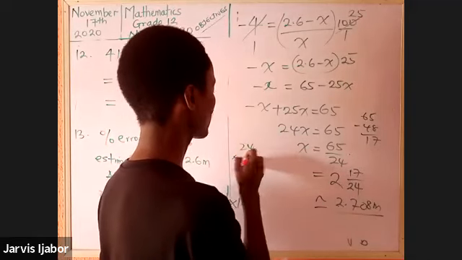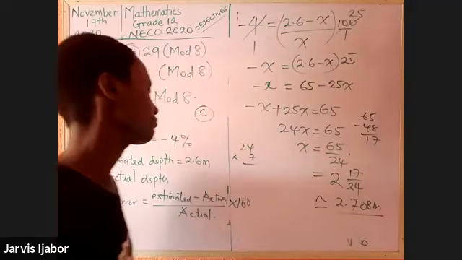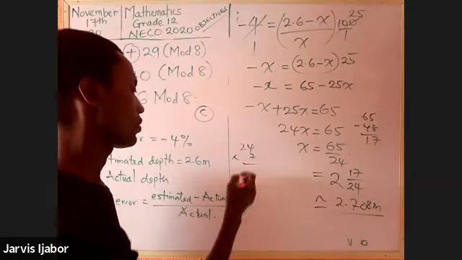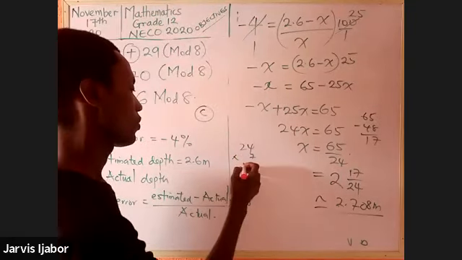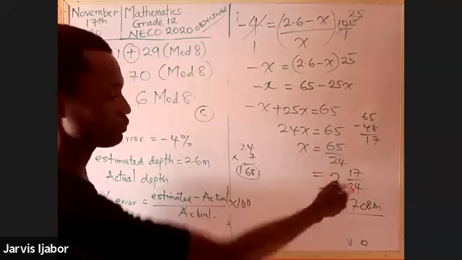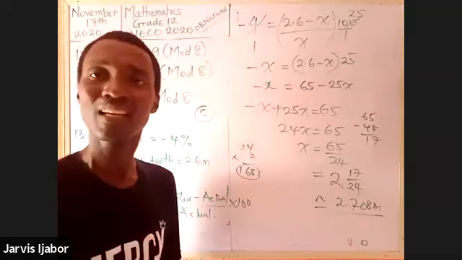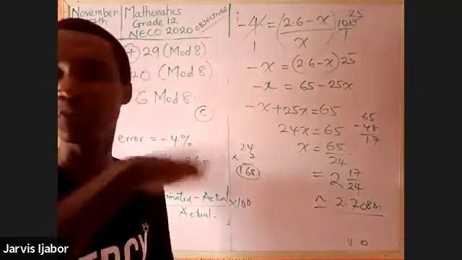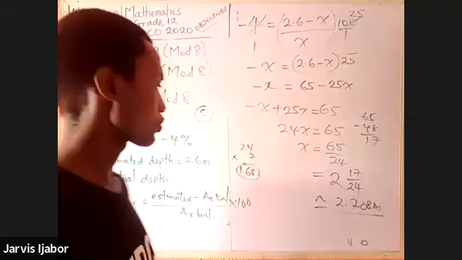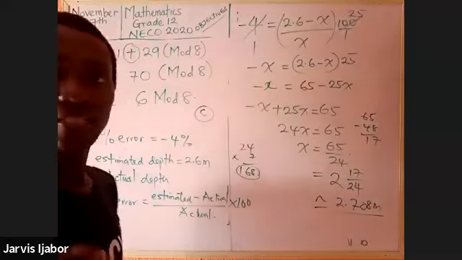I know that 24 times 7 is about 168. Because it's OBJ, I don't need to overdo it. I've seen an answer that is close to what I'm looking for, so I put it and I move on. So that takes care of question 13.